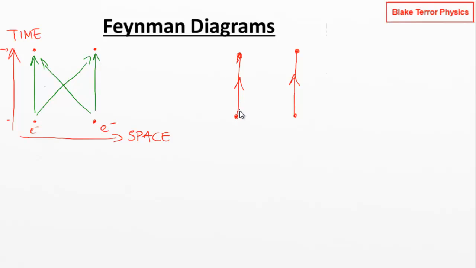If the arrow is pointing in positive time, going upwards in this case, then it's matter, not antimatter. If we had a positron, an e plus, the antimatter equivalent to an electron, then the straight line would have an arrow pointing downwards. So all antimatter points backwards in time, matter points forwards in time.